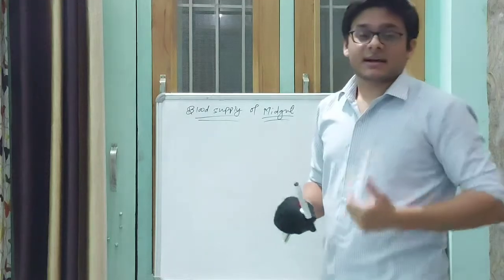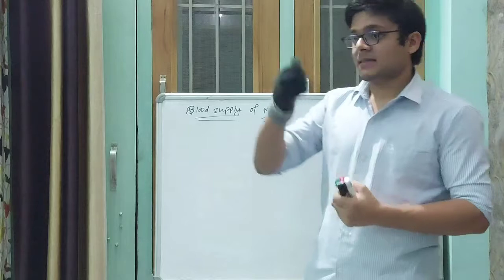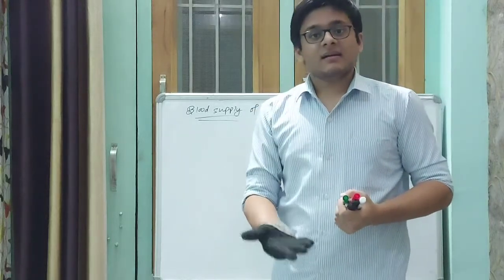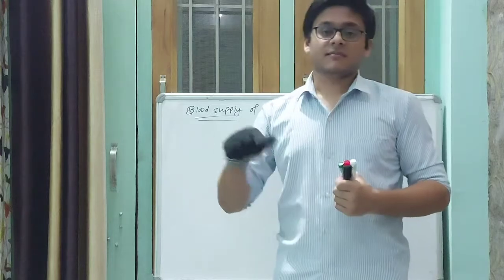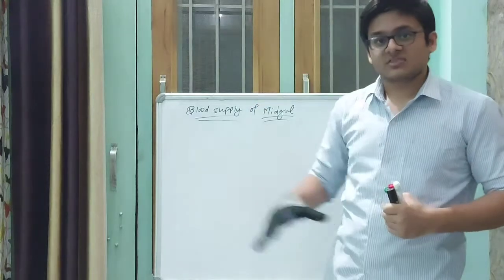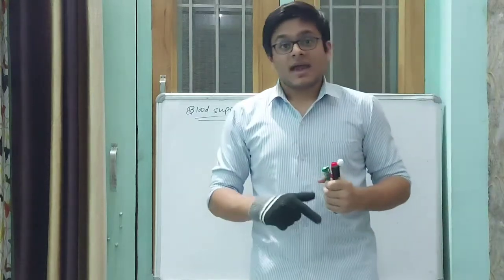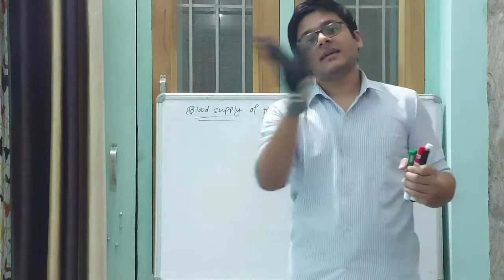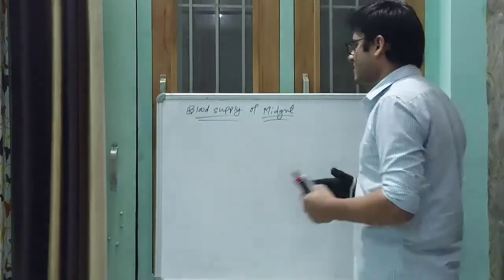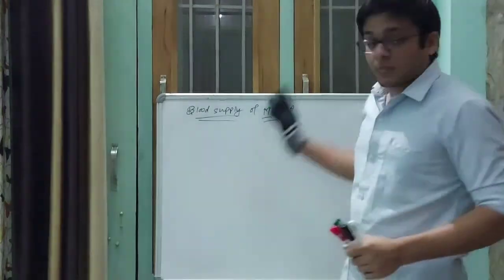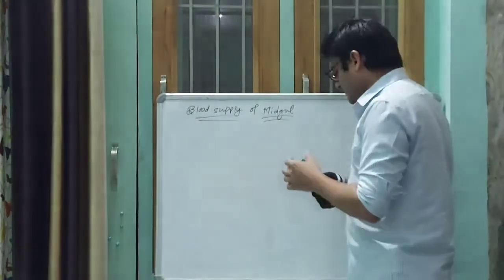The midgut constitutes the descending half of the duodenum, the third and fourth parts of the duodenum, the jejunum, the ileum, the ascending colon, and the first two-thirds of the transverse colon, along with the mesocolon supplying it. The superior mesenteric artery supplies all these structures.